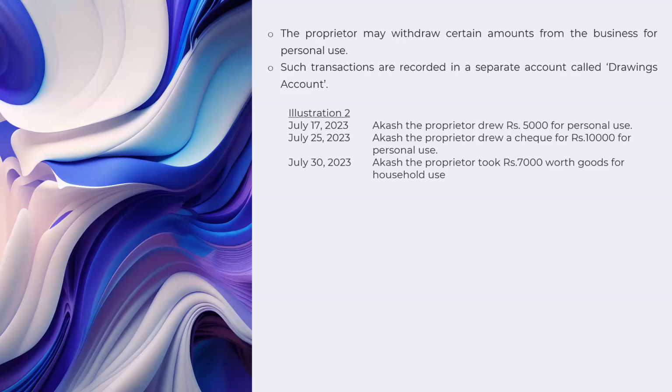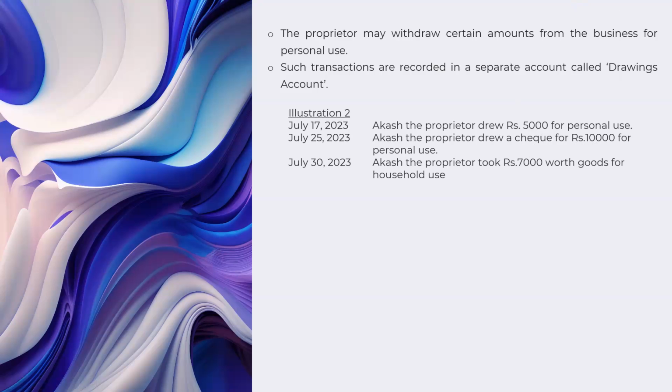Again, it can range from 5,000, 10,000 to 1 lakh, depending upon the size of the organization or the nature of the transactions taking place per month, per day. So the owner has withdrawn 5,000 from the office petty cash. And after a few days, he has withdrawn 10,000 from the organization's bank account.